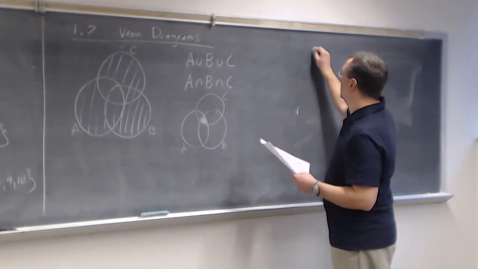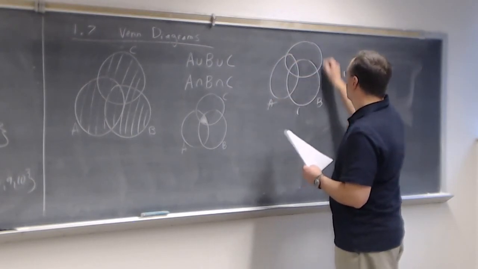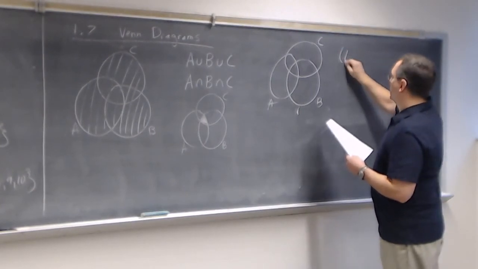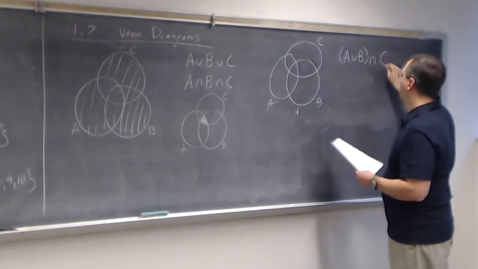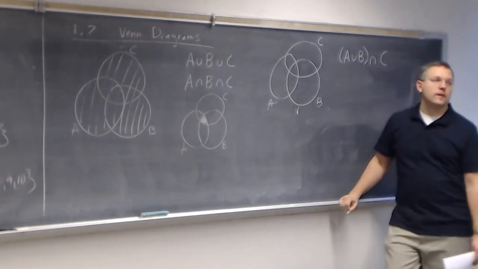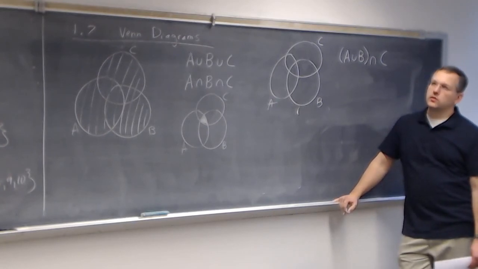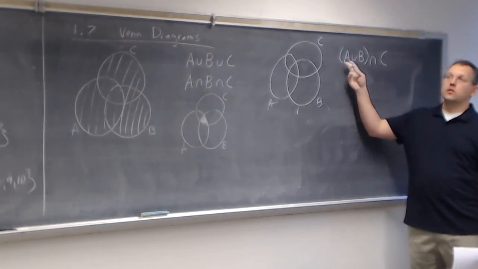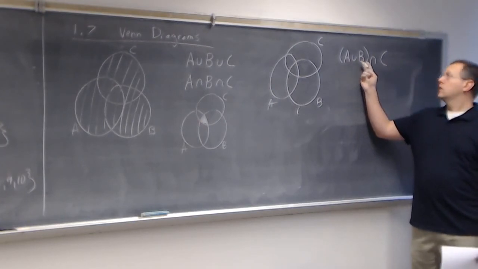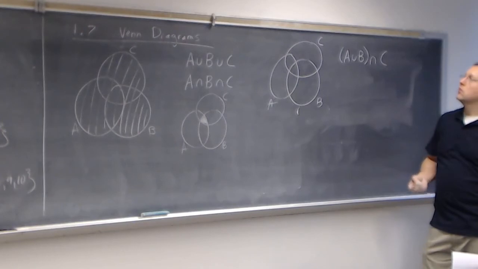How about parentheses A union B intersect C. So how could you describe this in words? It's the set of elements in A or in B, and in C. So here's the trick.